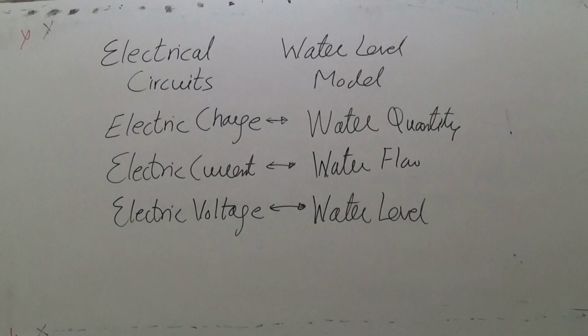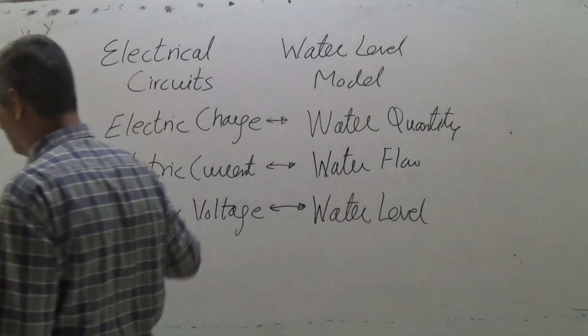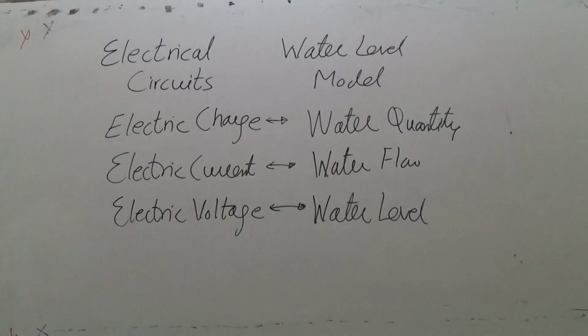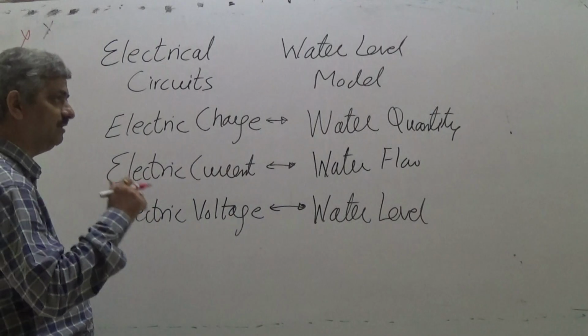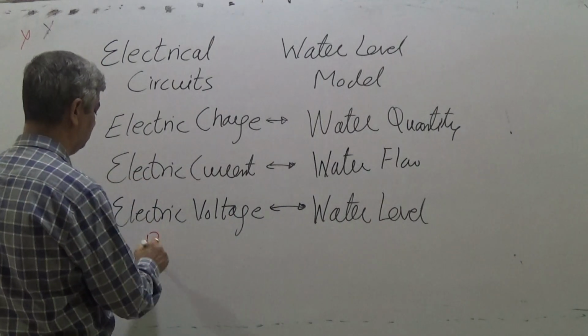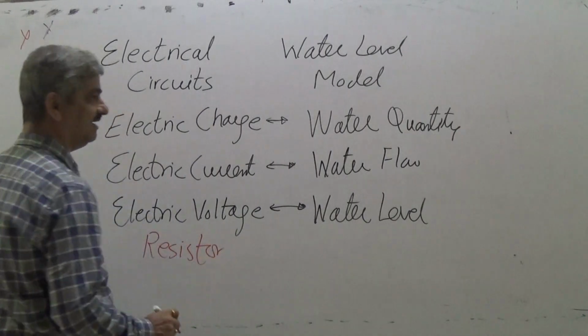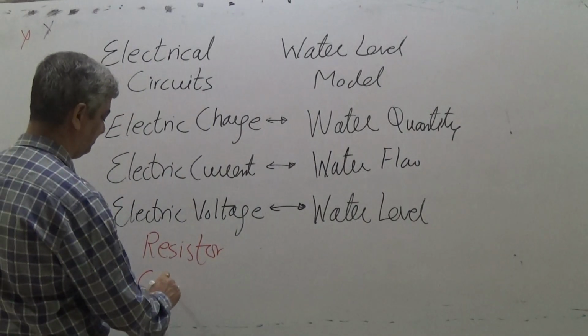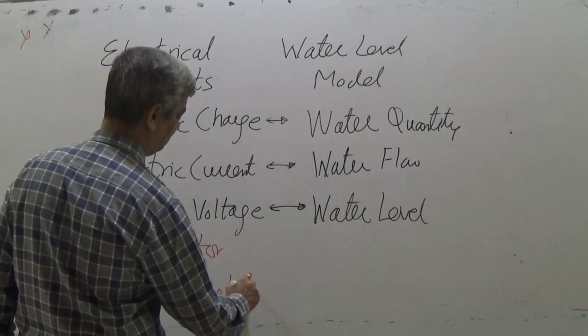Now there is one more term. These are the parameters. Now we have studied one circuit and one component, that is the resistor, and connecting wires. Connecting wires are said to be superconductors.